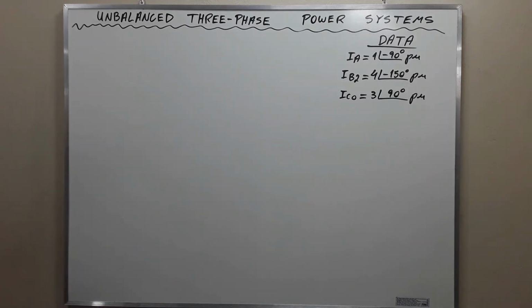In an unbalanced three-phase power system, the measured phase current of conductor A is 1 phase minus 90 degrees per unit.